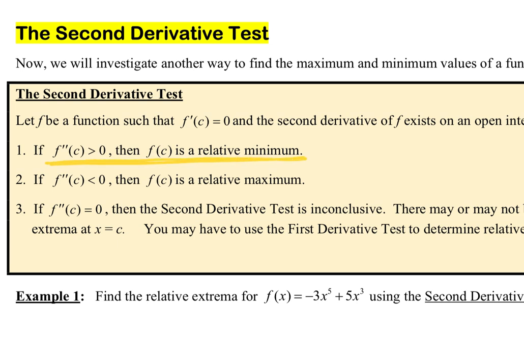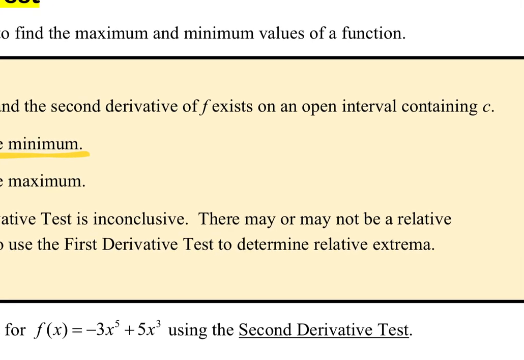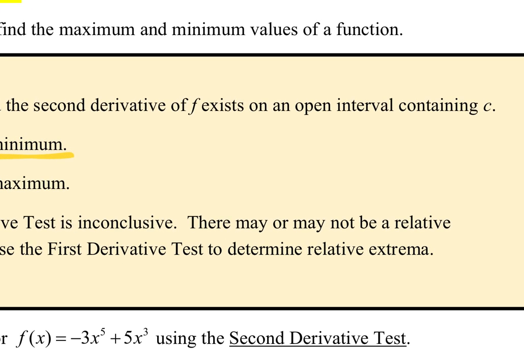If the second derivative is positive, why is there a relative minimum? Here is why. If f goes from decreasing to increasing, that's going to be a relative minimum. Yes, decreasing to increasing.